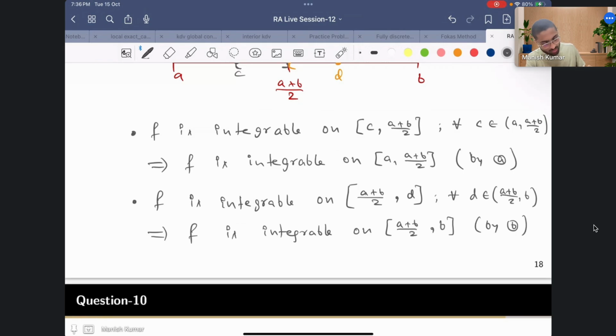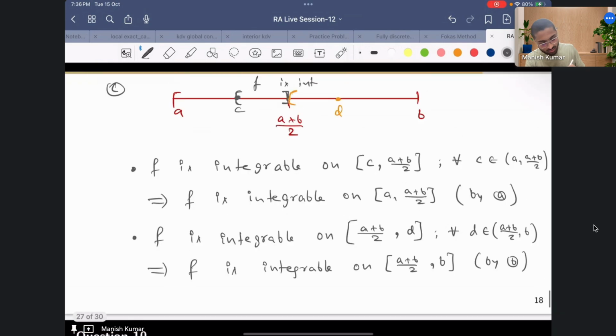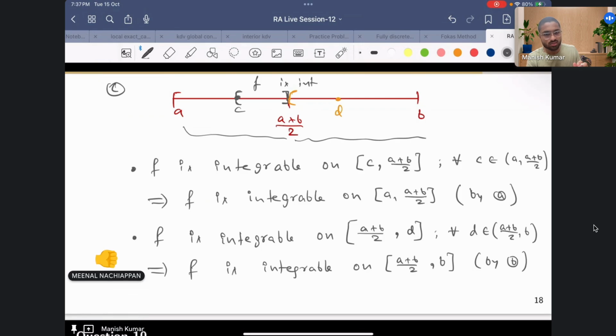Correct? Now f is integrable on this interval and f is integrable on this interval, so it is integrable on this whole interval [a, b], and the integration you can write as the integral from a to (a+b)/2 plus the integral from (a+b)/2 to b.